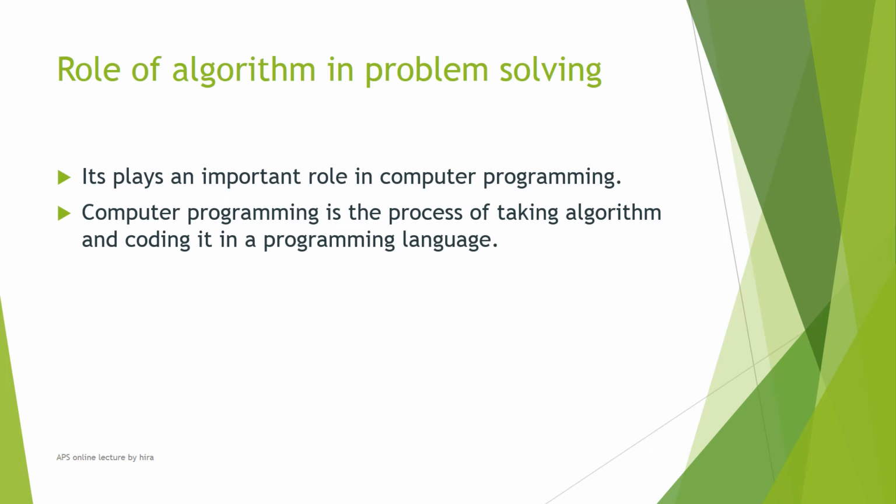Like in the next chapter you will learn about the C language. Similarly in higher classes you will learn different languages, but first the algorithm is designed to solve the problem in a very efficient and easy way.